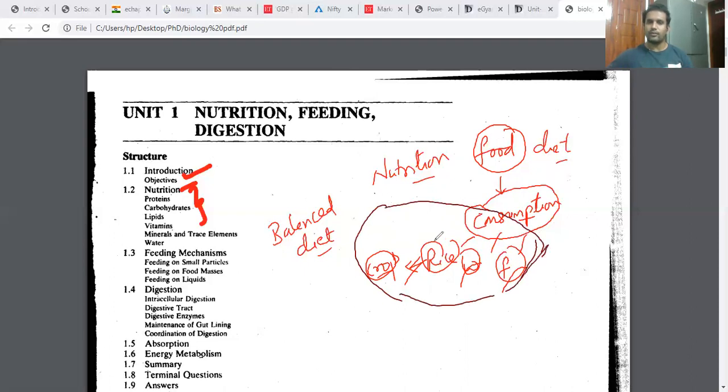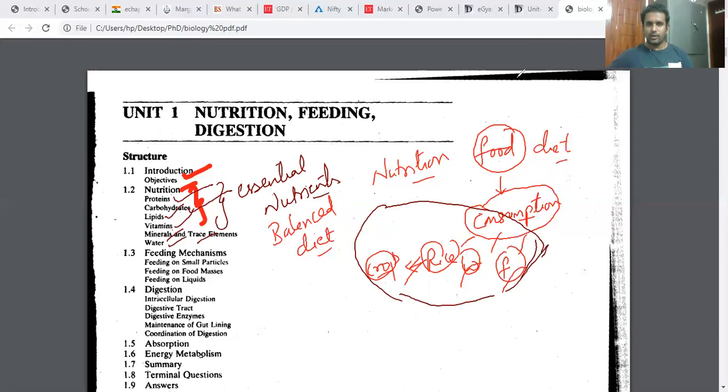A total complex food intake we require, and that is nothing but your food should have proteins, your food should have carbs, your food should have lipids, vitamins, minerals and trace elements, and water. These are the very, very essential nutrients to our body. Essential nutrients to our body that we already know about it. Right.